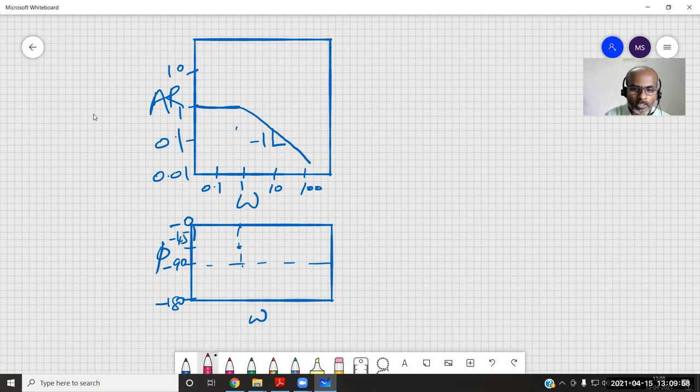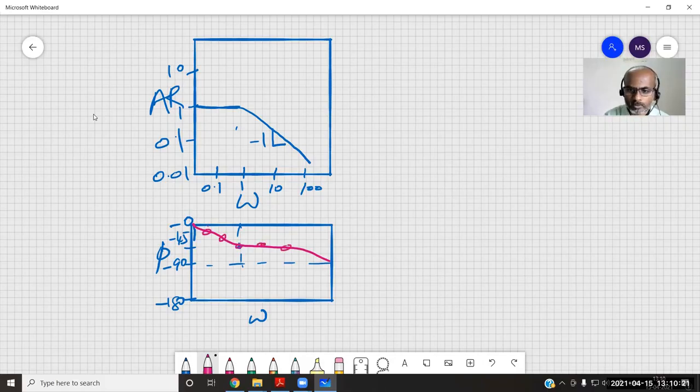This is phi versus omega, but normally we won't use the asymptote here; we have to actually calculate the points and mark.